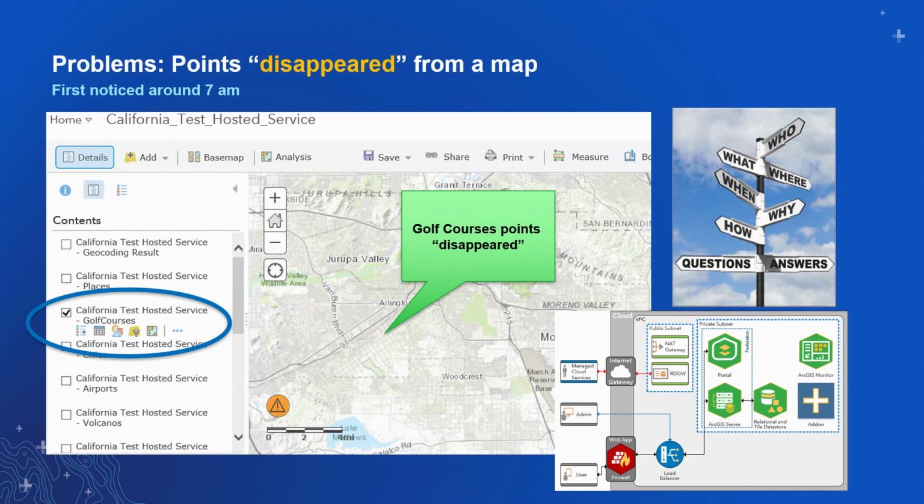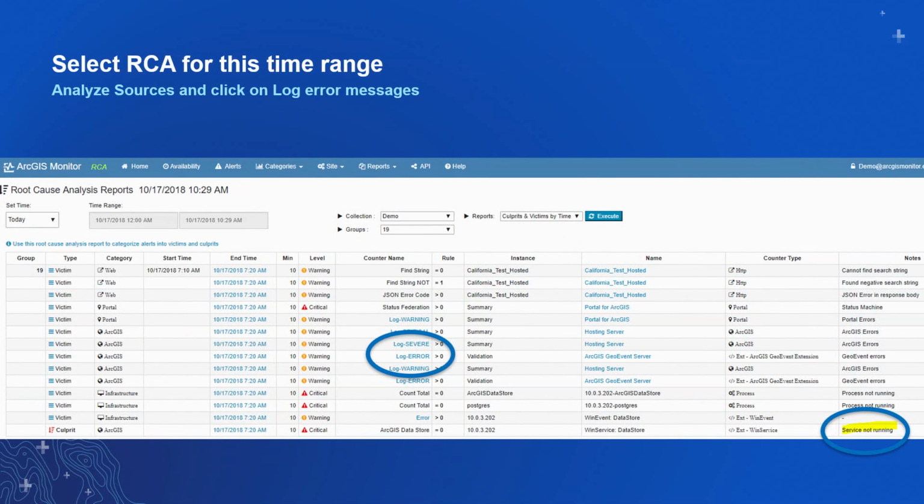The architecture of that is quite complicated. There are many, many pieces, so you could explore all of them, but how can ArcGIS Monitor help? If you go to ArcGIS Monitor, as Evan mentioned, to root cause analysis, I feel like I need to owe you, again, an apology for this disruption. I hope that you can bear with me.